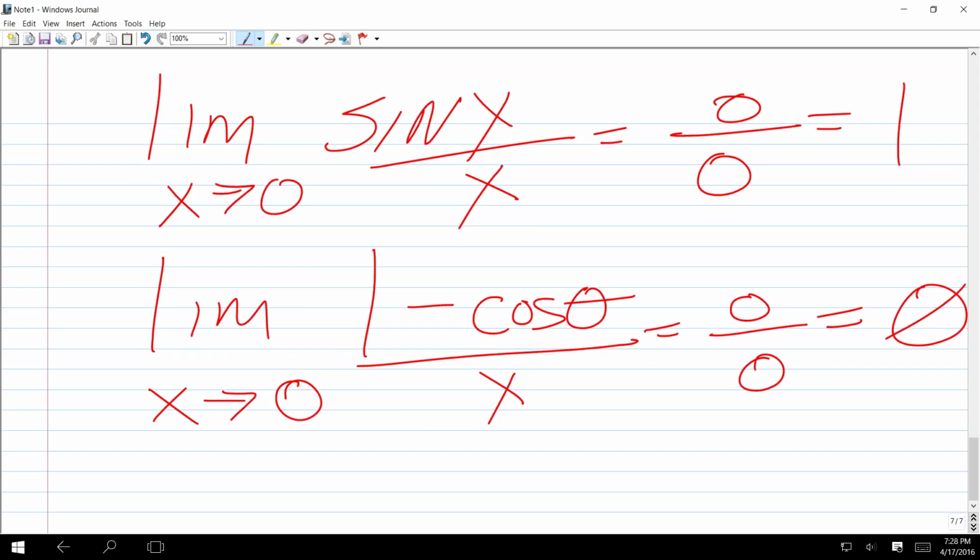And again, you can graph that to prove it to yourself, and there are higher levels of calculus where you can show why this one is 1 and why this one is 0.